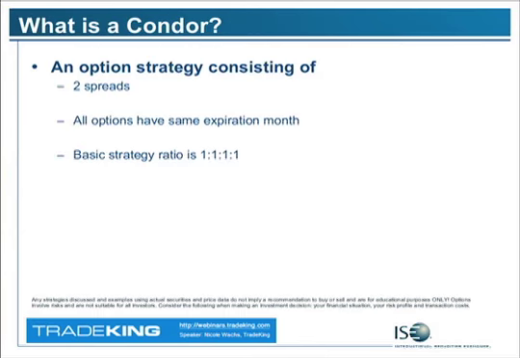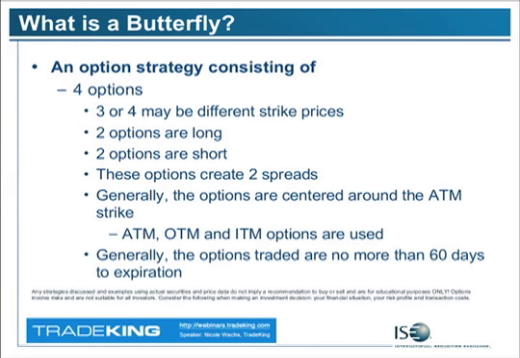Now, this time, though, we're going to talk about the butterfly. So I'm going to skip ahead, and we're going to talk about butterflies and how they're different. So the similarities here are that it's two spreads. It's a call spread and a put spread in the case that we're going to go over for an iron butterfly. And whenever you hear the term iron, all that means is it's a combination of calls and puts together.